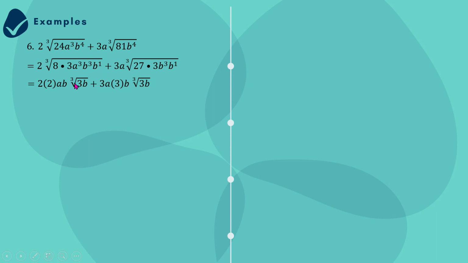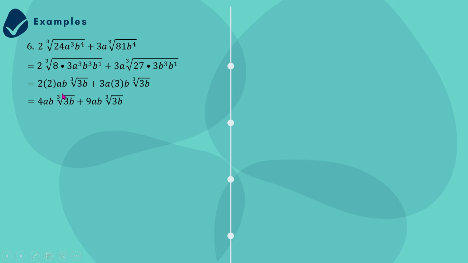Then, copy the index 3. Then, copy plus 3a. Cube root of 27 is 3, no? 3 cubed is 27. So 3 comes out. Then, b cube cancels index 3, so b comes out. What remains is 3b exponent 1 or 3b. Index is 3. So, cube root of 3b. 2 times 2 is 4.